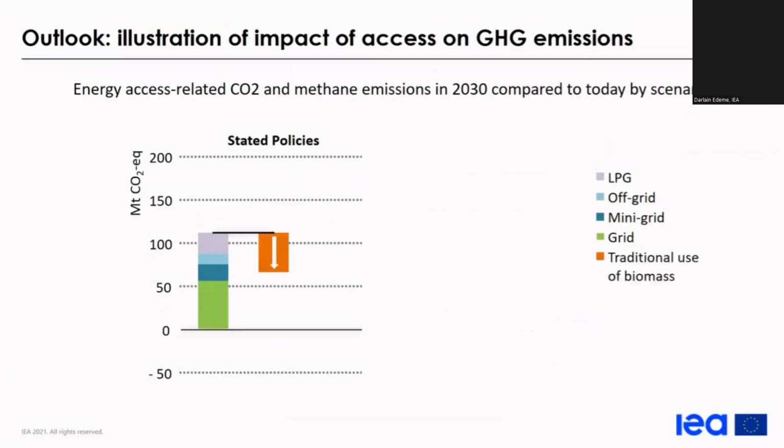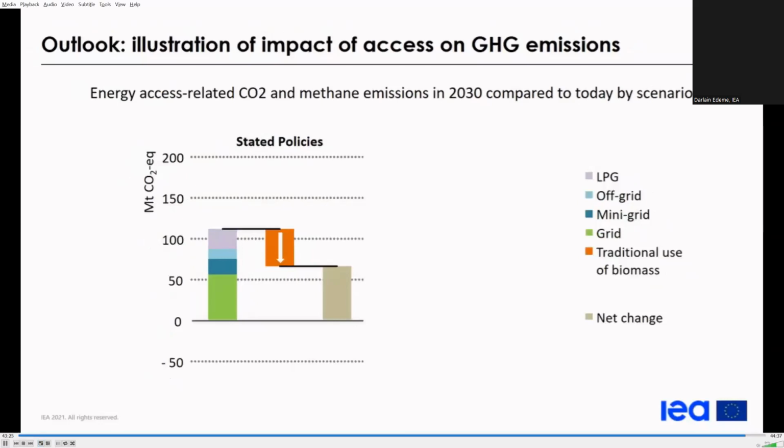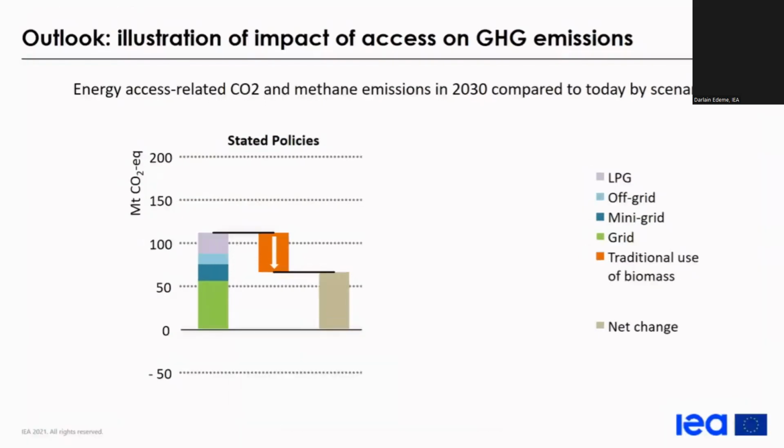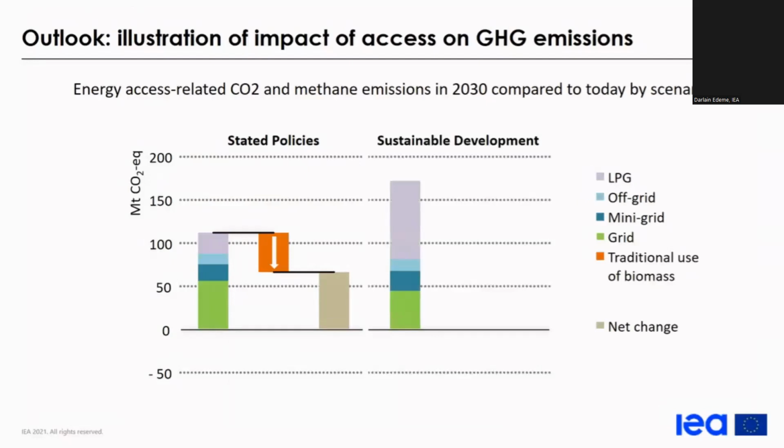What are the emissions related to cooking and to electricity under the stated policies at the end of the decade? Between today and 2030, we see that we will have a reduction in traditional use of biomass that would limit the growth of greenhouse gas emissions.